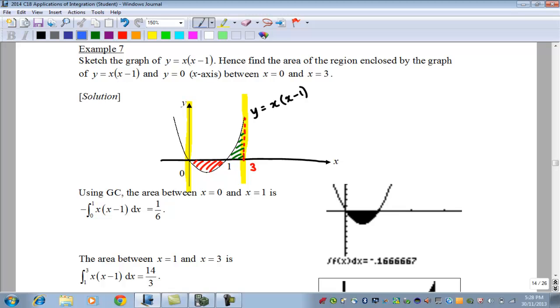Let me ask you one question. Think about it. To find the area of this red part and the green part, can I actually integrate from 0 to 3 of the function itself, dx?